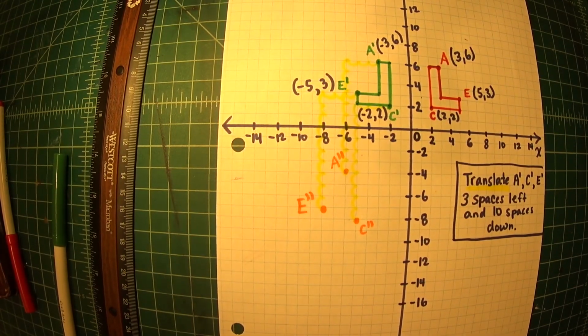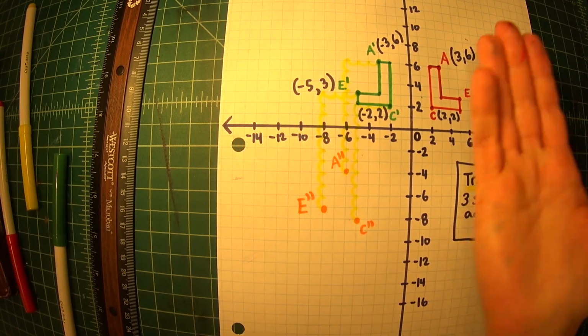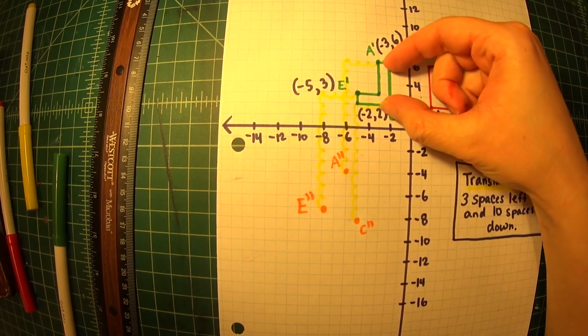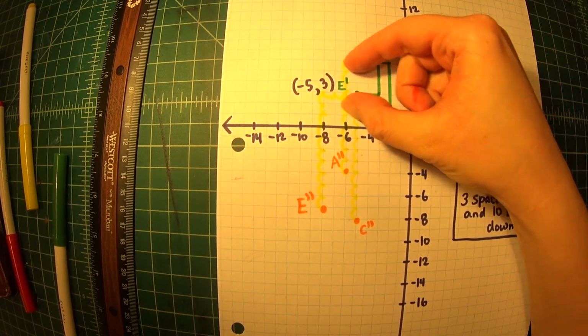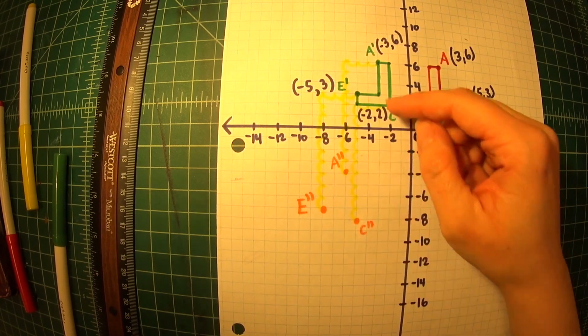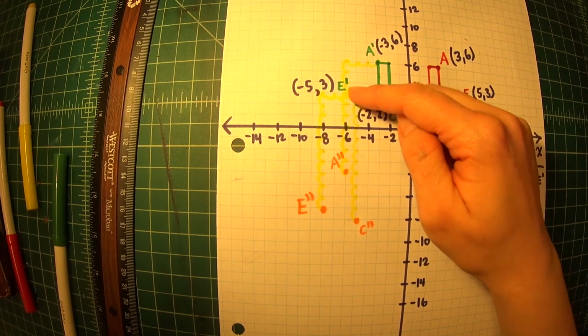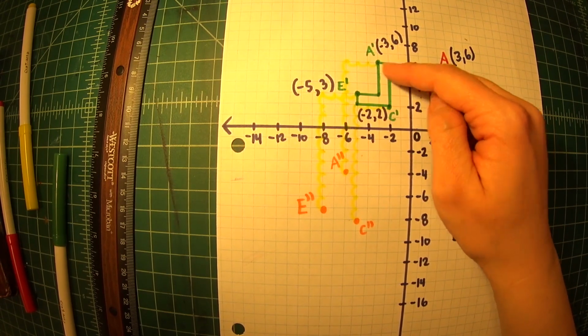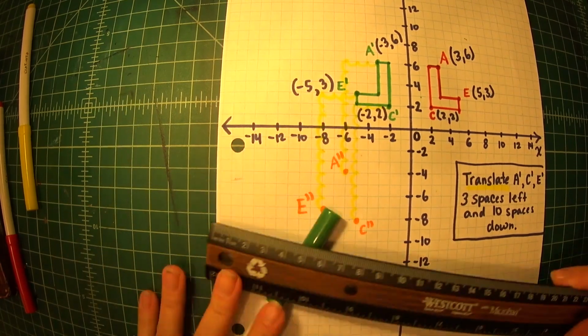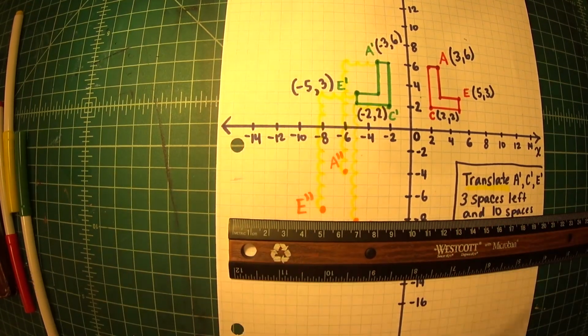So now from there, I can connect my dots, and just remember that this time we didn't flip anything. We literally just took this backwards L, slid it 3 spaces left, and slid it 10 spaces down. So it's going to have the exact same orientation as this backwards L, but just over here, down in quadrant 3.